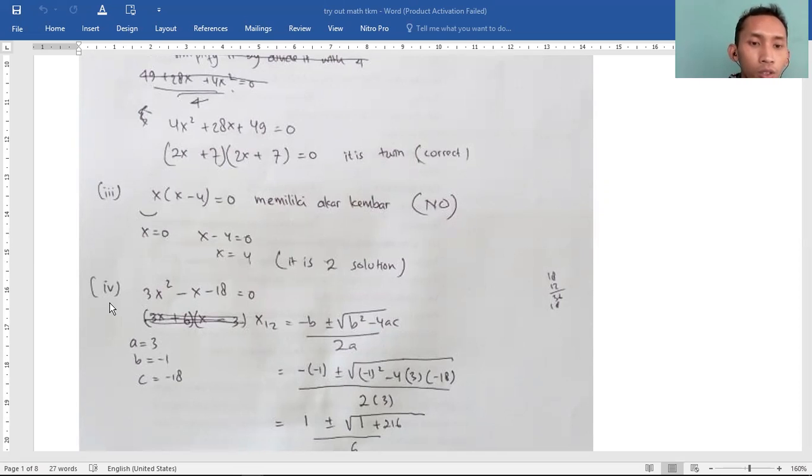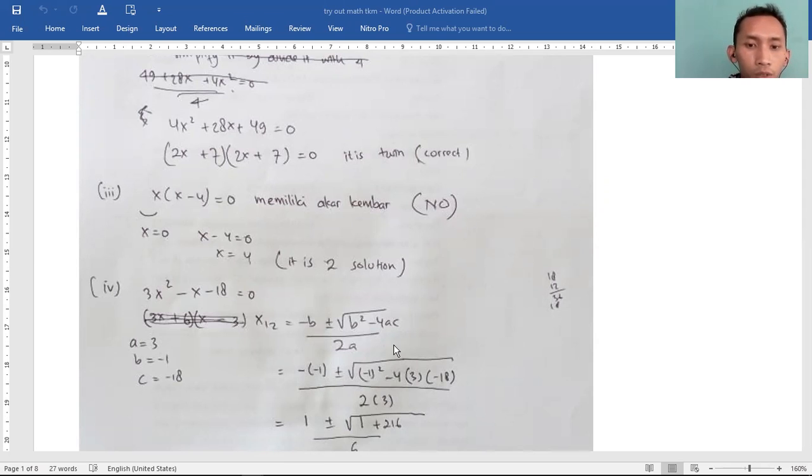And then for statement number 4, 3x squared minus x minus 18 equal to 0. I tried to make it in factorization, but it's hard. So we can go to the second method. We can use the ABC formula.